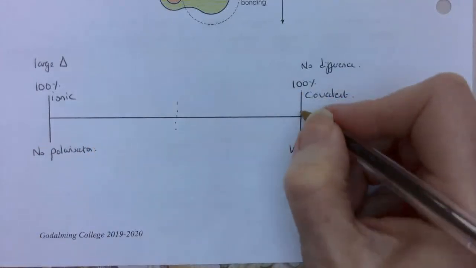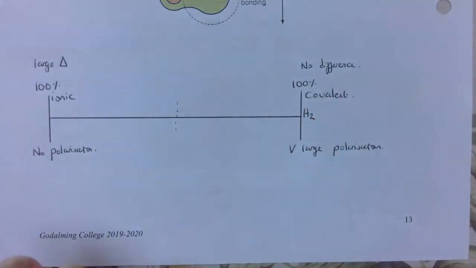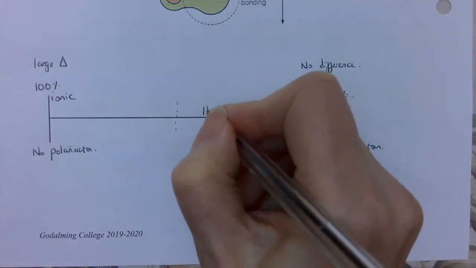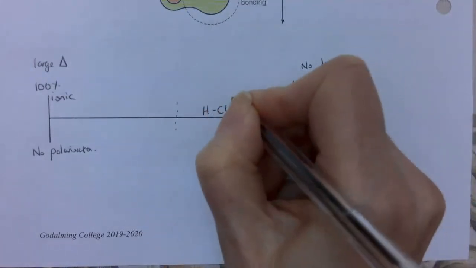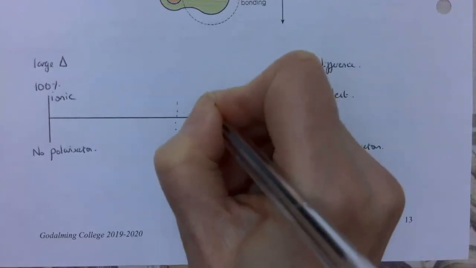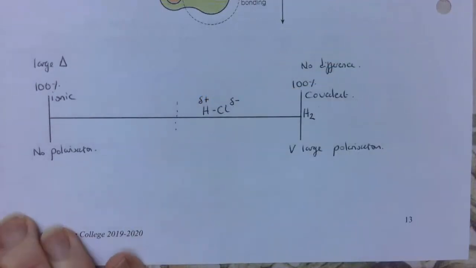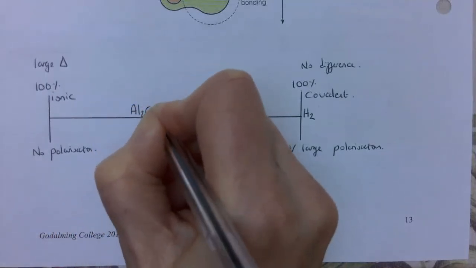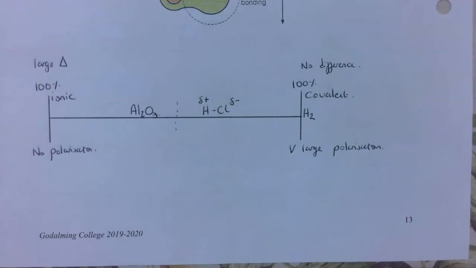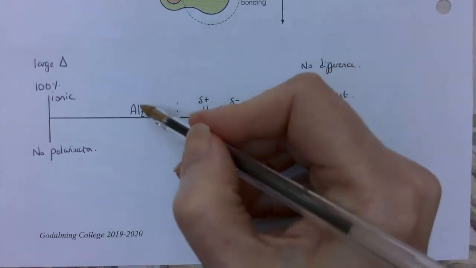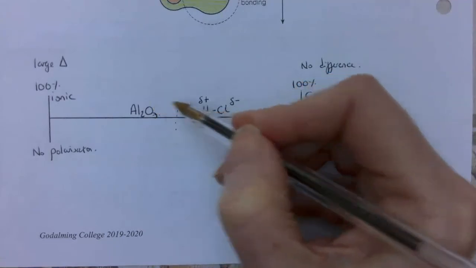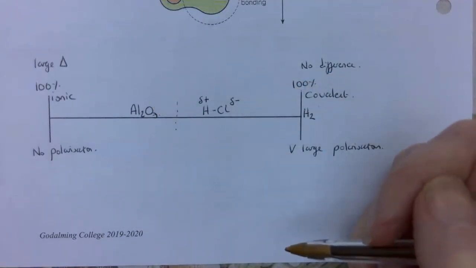So, for example, hydrogen is 100% covalent because it's got two of the same, but something like HCl, where you've got a significant difference, would be a polar covalent bond. Something like aluminium oxide, Al2O3, would be classified as ionic because the aluminium is not able to distort the smaller oxygen significantly so that you would get 100% into the covalent.